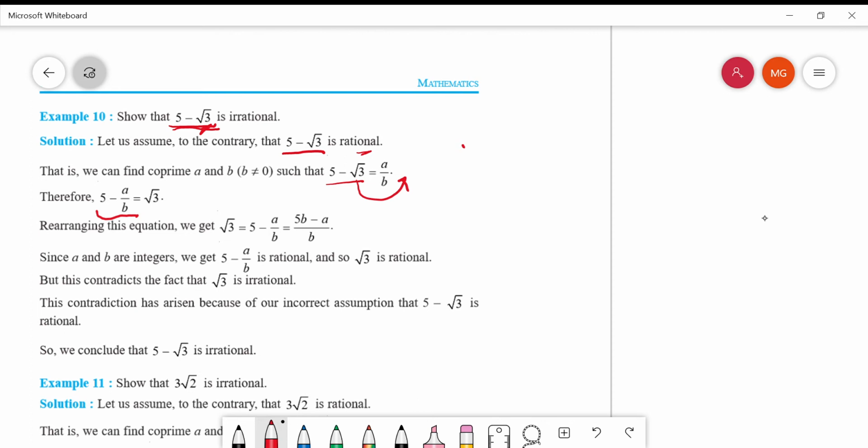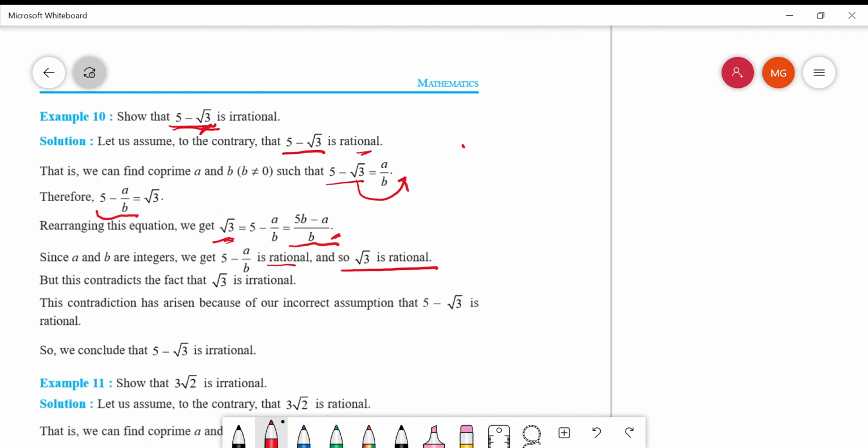Now rearranging this equation, we get root 3 is equal to 5 minus a by b, and this you can write as (5b minus a) upon b. This gives us a hint that since a and b are integers, 5 minus a by b is rational. That means this whole value becomes rational. So your LHS, that is root 3, also becomes rational.